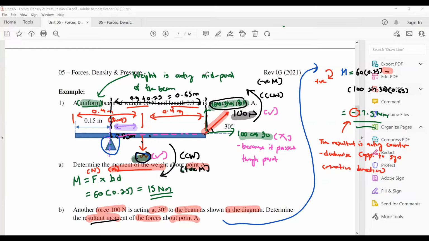Because the sign convention was clockwise positive, if you get a negative, it just means that it's acting in the opposite direction. So this is one example on finding moments.